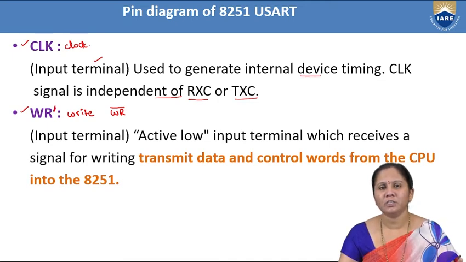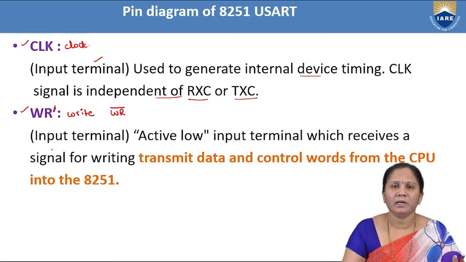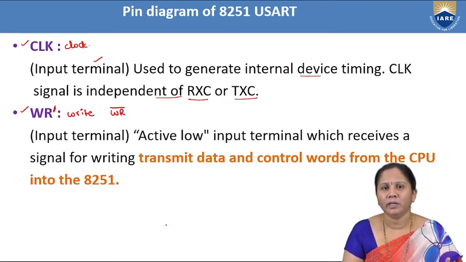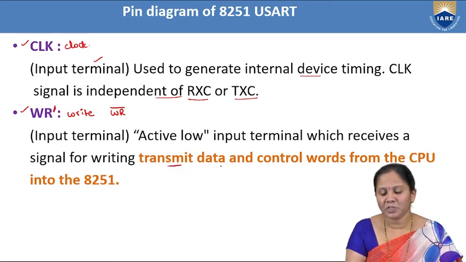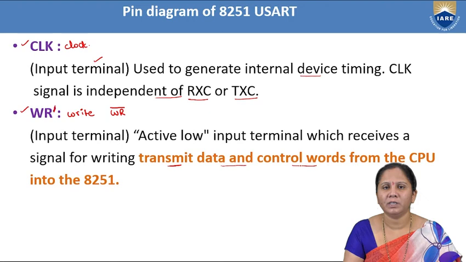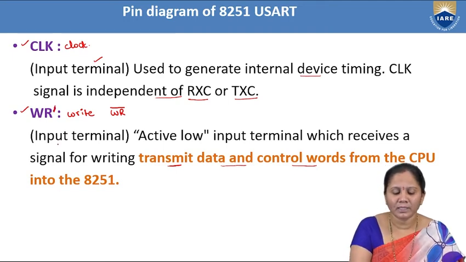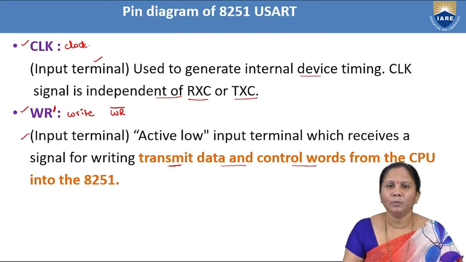That means 8086 microprocessor will write the information to 8251. What type of information? Writing means transmitting. The information like data and control words from 8086 will be transmitted to 8251 USART. And this write signal is considered as an input terminal.